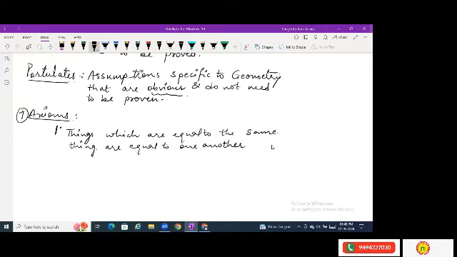Now, if I have to take an example of this, suppose one child has got 40 marks in the test. Child A has got 40 marks in the test. Child B also got 40 marks in the test. So can I say that child A and child B both have got equal marks? Can I say that?